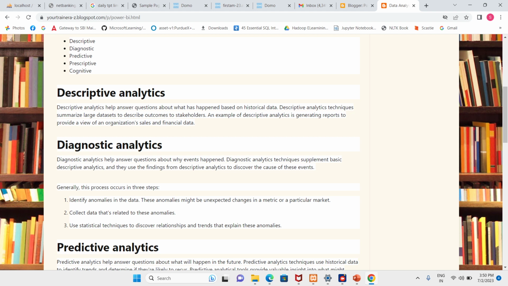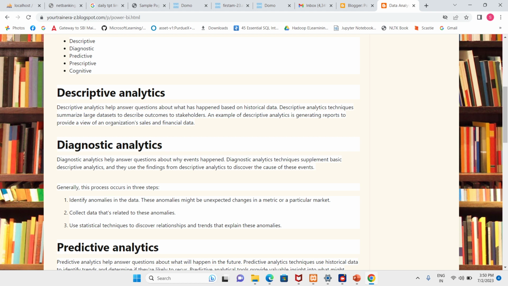Diagnostic analytics help answer the question about why an event happened. Okay, diagnostic analytics techniques supplement basic descriptive analytics, and they use the findings from descriptive analytics to discover the cause of this event. Simply, if some change happened in a normal trend, then we want to know why this change happened.